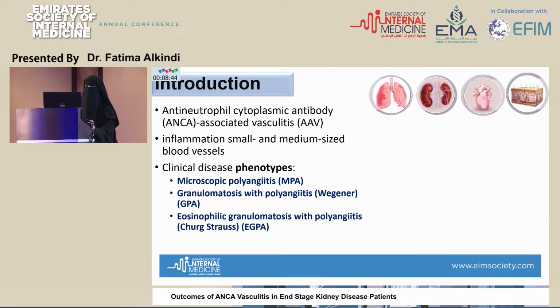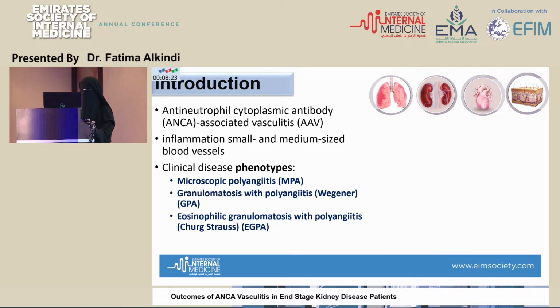It has been classified according to the phenotype into 3 different types: microscopic polyangiitis, granulomatosis with polyangiitis, which used to be called Wegener's, and eosinophilic granulomatosis with polyangiitis.